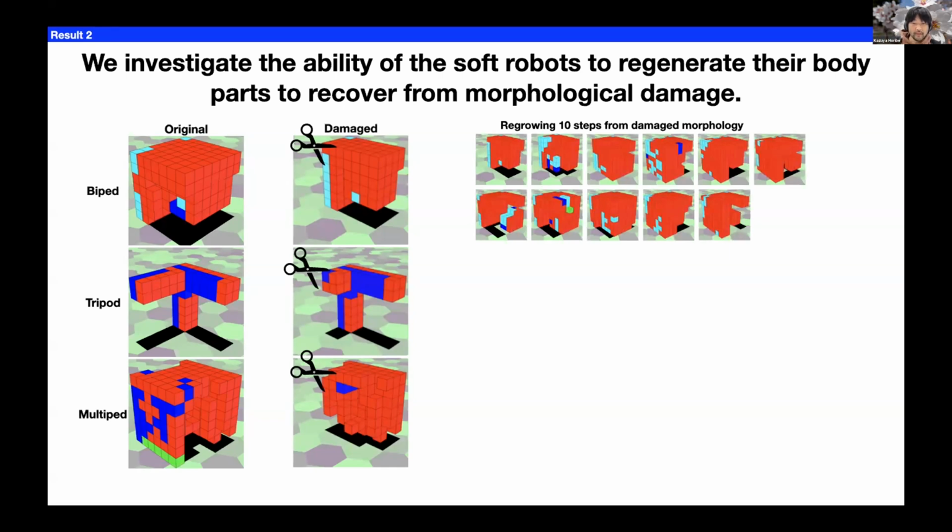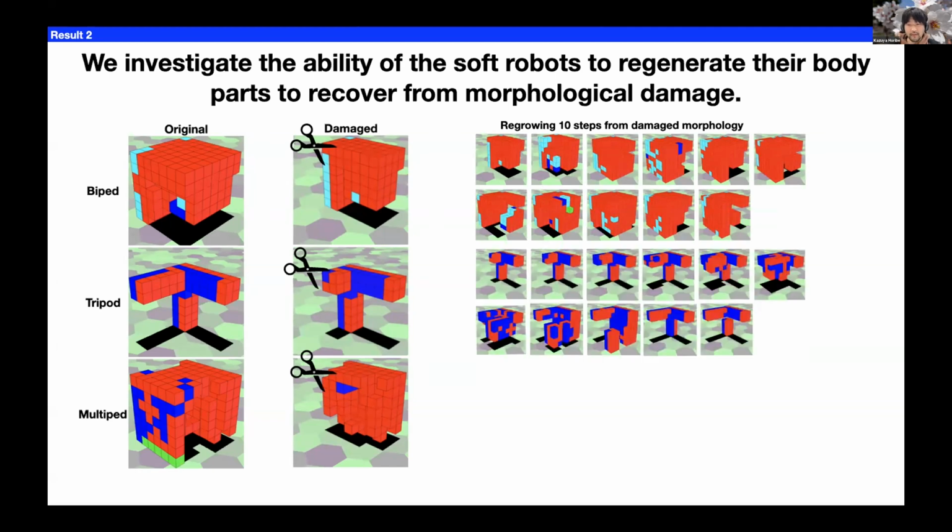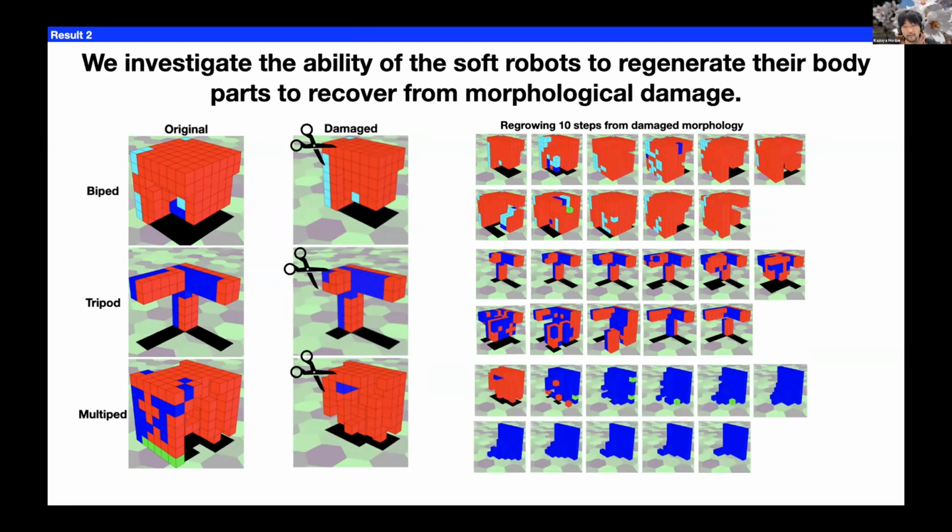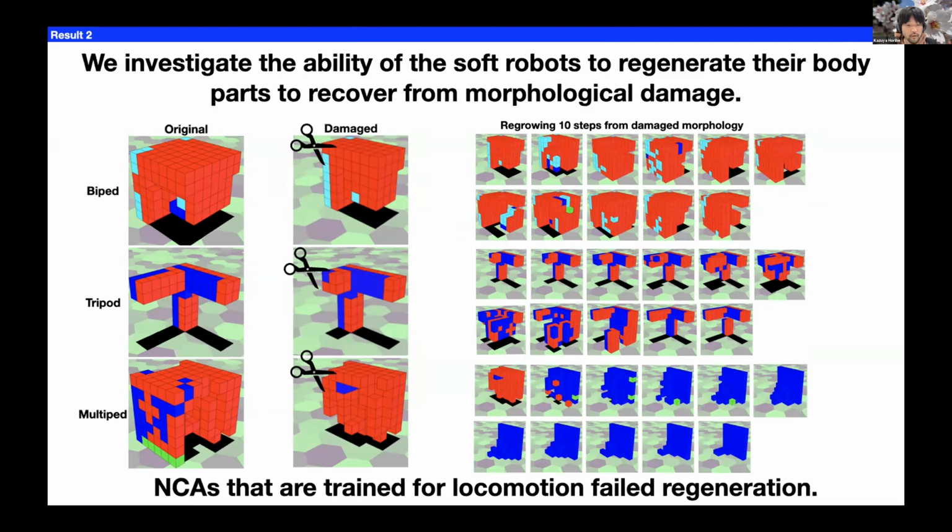But the biped doesn't work well. The tripod still works well, and the marsped also doesn't work well. So yeah, neural cellular automata that are trained for locomotion failed at regeneration.